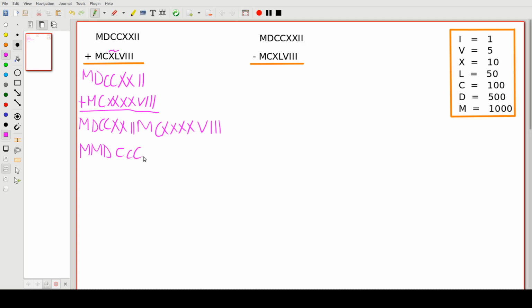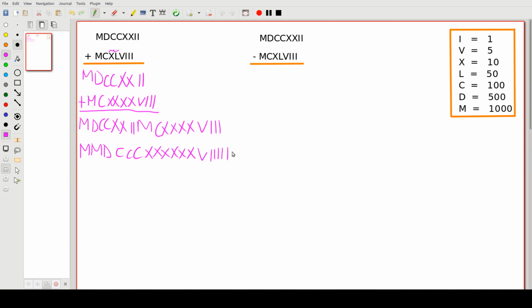So that's C, C, C. Then L. No L's. Then X's. 1, 2, 3, 4, 5, 6. The V's. 1 V. I's. 1, 2, 3, 4, 5. Brilliant. Everything in order. Now we can start.